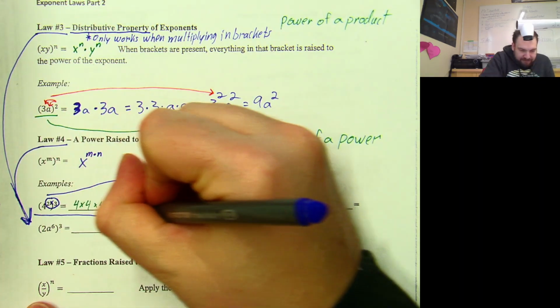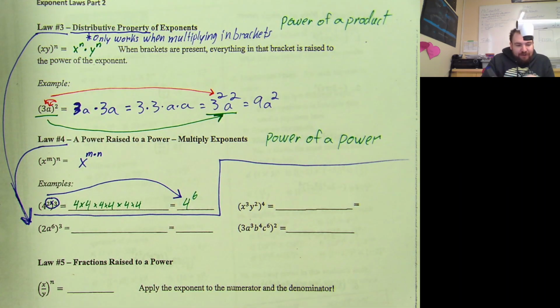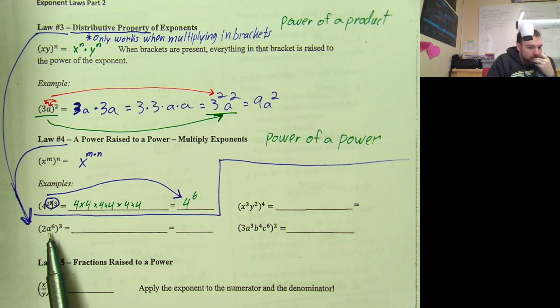This was our lovely little example for power of a power, and now I want to combine 3 and 4 to do these bottom ones. So, if I combine these things, what have I got here? Danny.